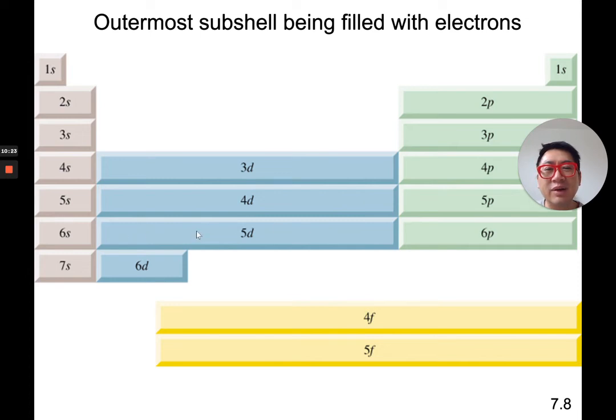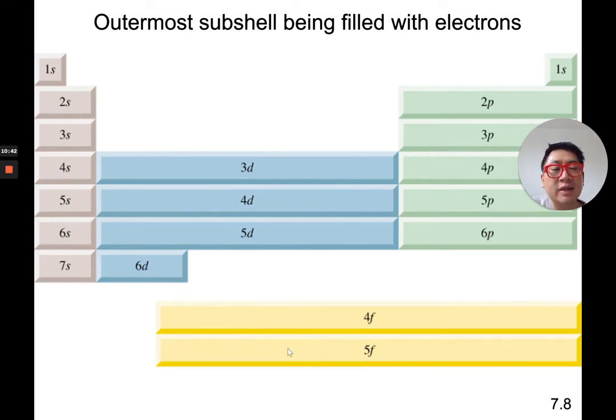And then we go over here to 5d, 6p, 7s. And then it jumps down here. So these 4f, 5f should actually be cut and put into the periodic table between 6s, 5d, 7s, 6d. They should fit in here.